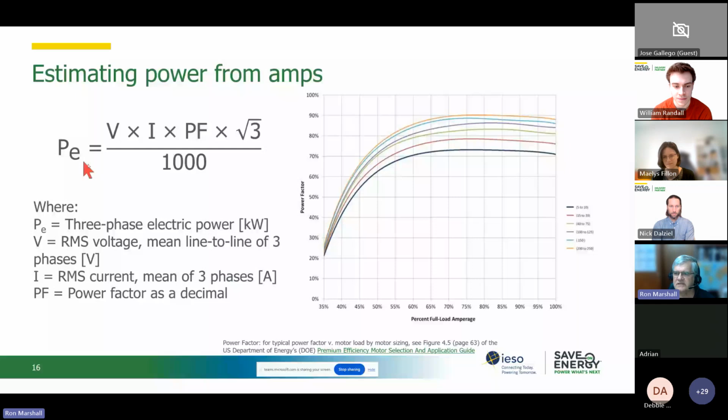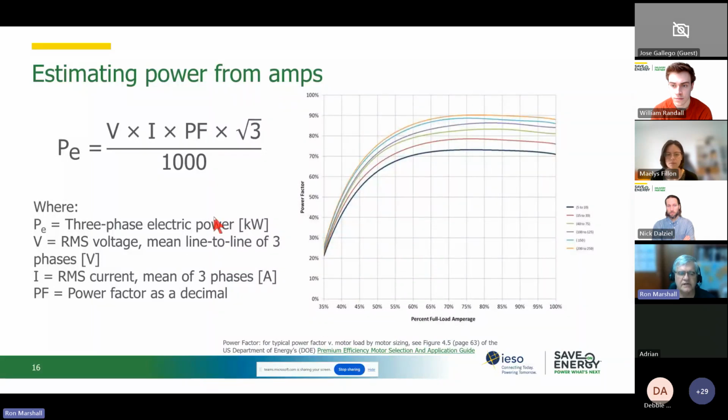And that will give us the power conversion from amps to power. So we're talking about three-phase power. It could be single phase too. Voltage line to line, and the average amps of the three phases.